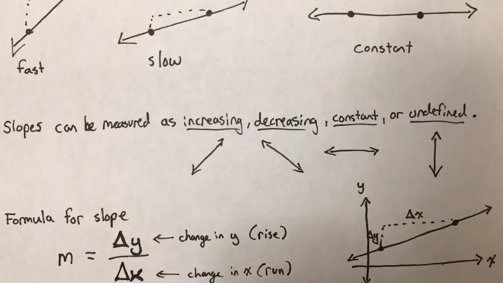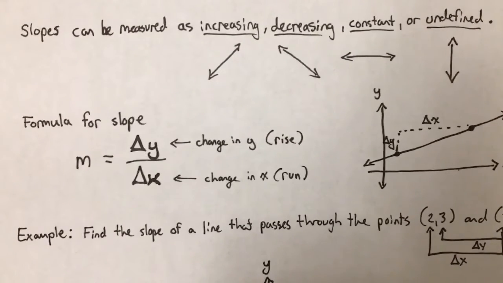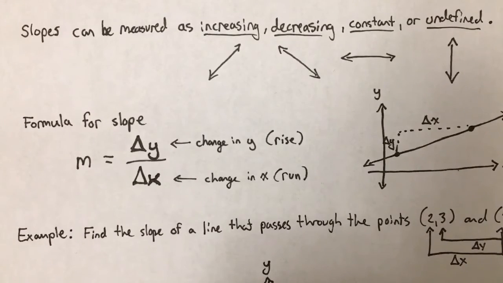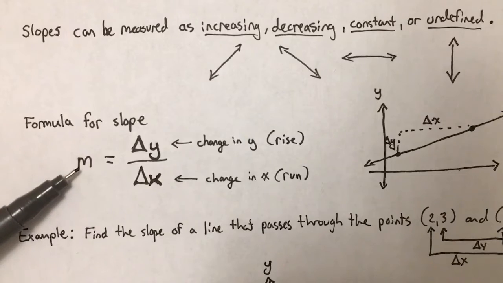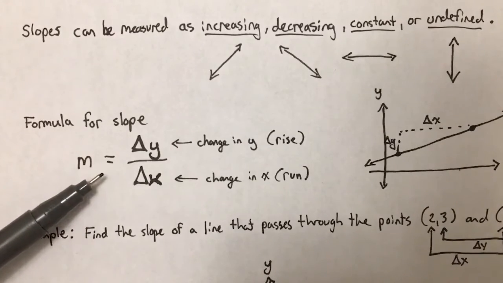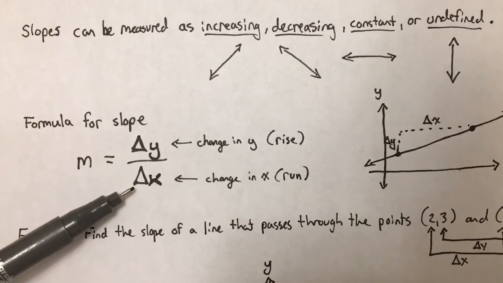Well, there is a formula that we can use, and the formula for calculating slope involves knowing the position of your x-coordinates and your y-coordinates on your graph for your line. And so the formula for slope, we're going to use the variable m to represent our slope. And slope is measured as the ratio of two measurements that we're going to divide with each other.